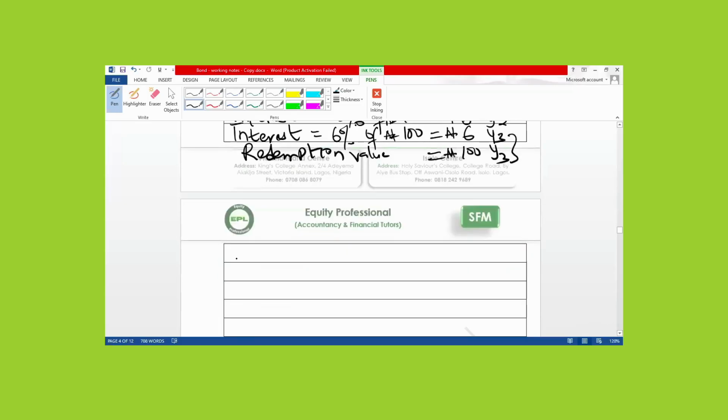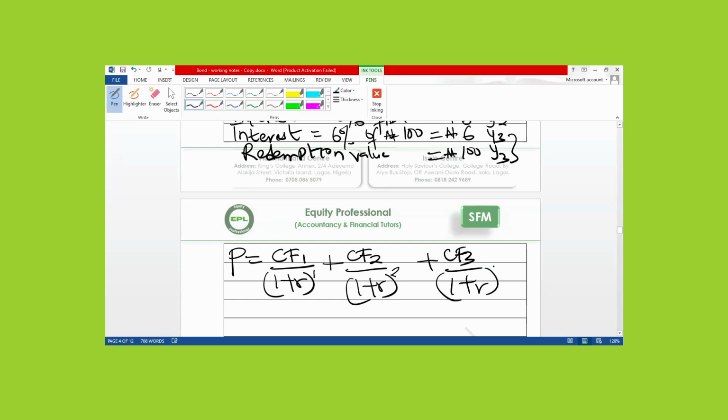And we set the price of a bond, calculated as cash flow in year 1 over 1 plus R in year 1, raised to power 1, plus cash flow in year 2 over 1 plus R in year 2, raised to power 2, plus cash flow in year 3 over 1 plus R in year 3, raised to power 3.